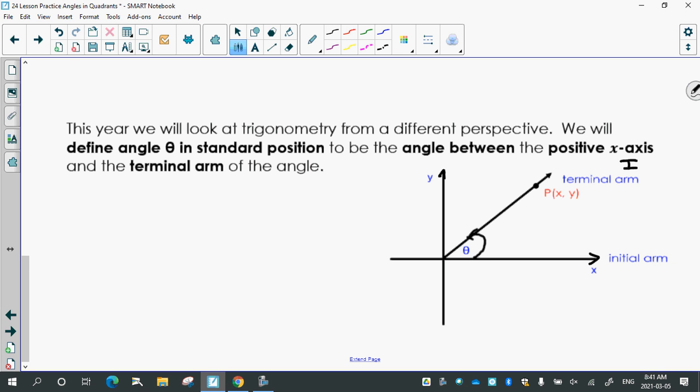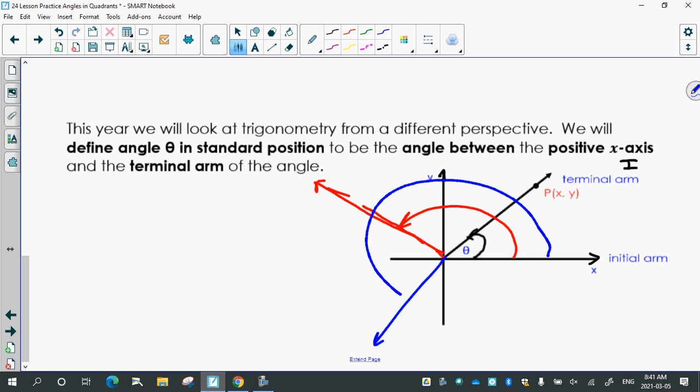But if, say, your terminal arm were over here in the second quadrant, your angle would be going all the way from here over to here. So it would be an angle that's between 90 and 180 degrees, or an obtuse angle. Okay? If your terminal arm ended up being in the third quadrant, the angle would be between 180 and 270, a reflex angle.